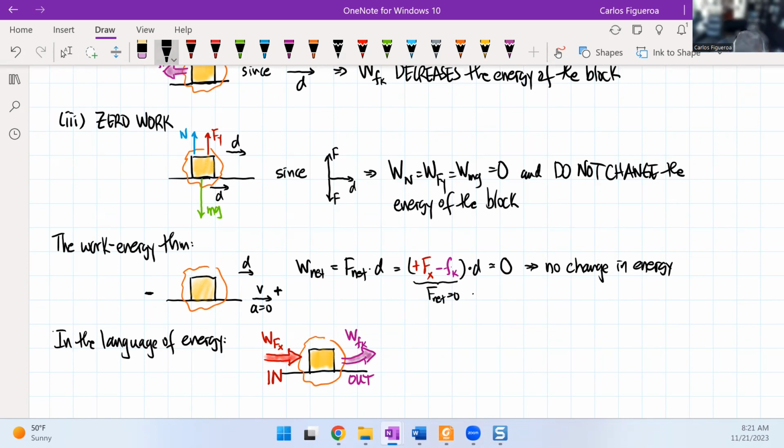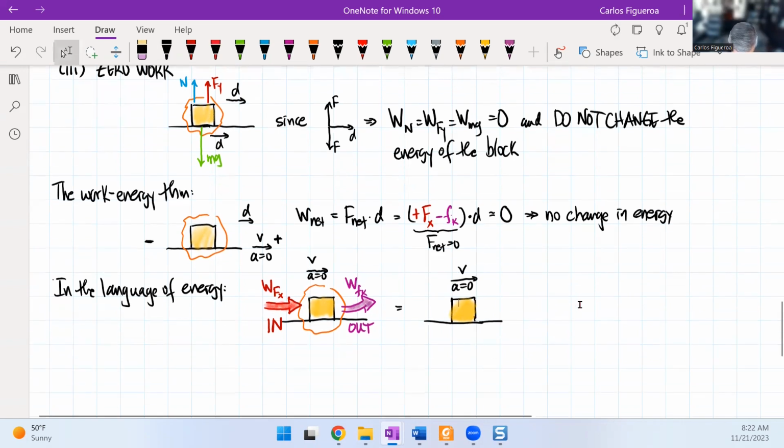So as a consequence, this block, if it is now moving at some velocity with zero acceleration, will continue to move with zero acceleration afterwards.